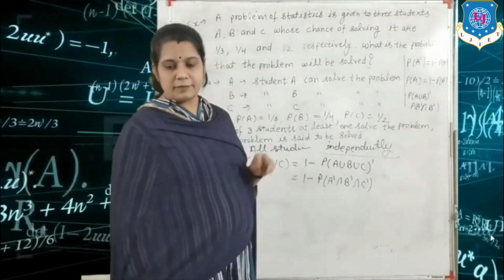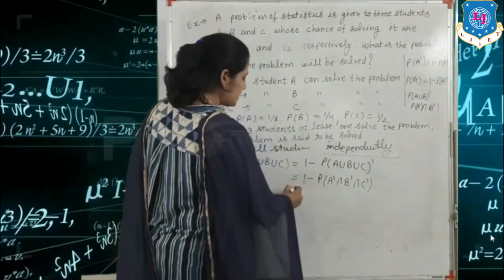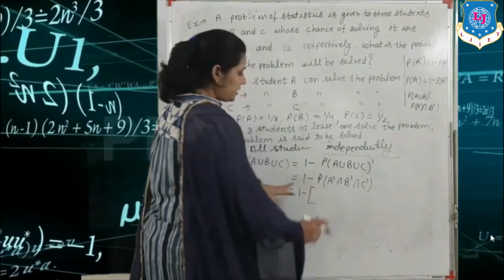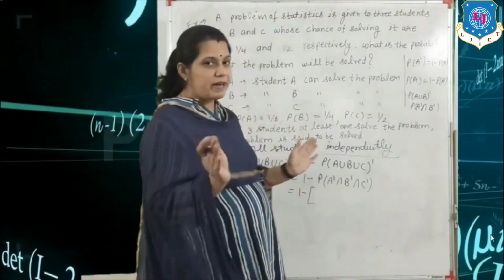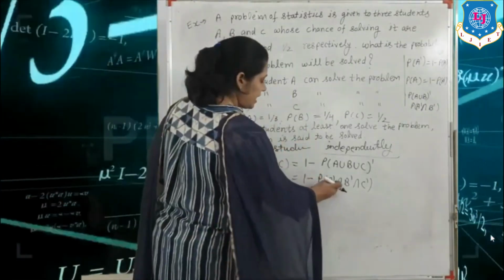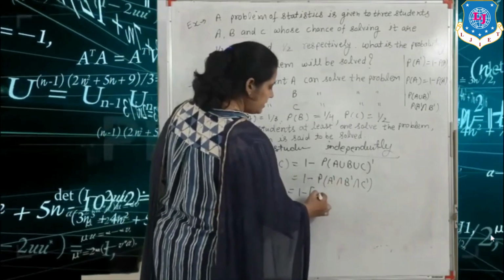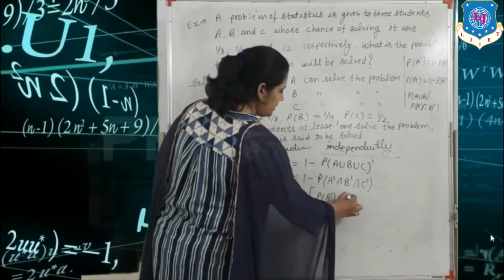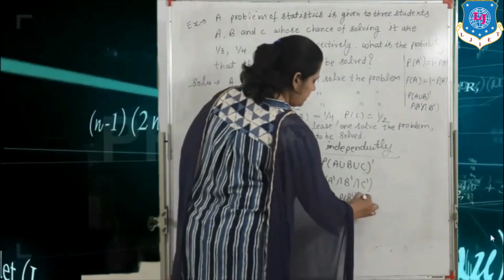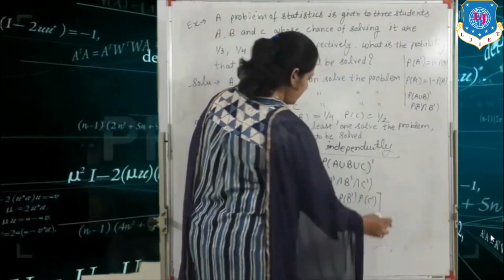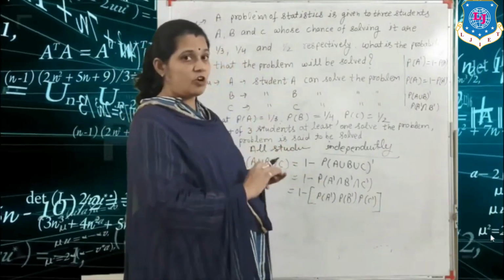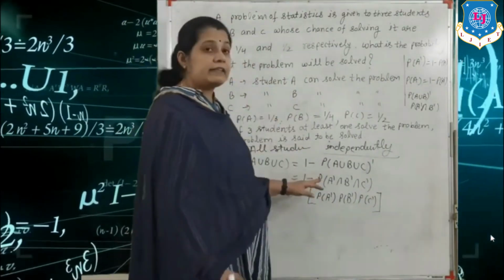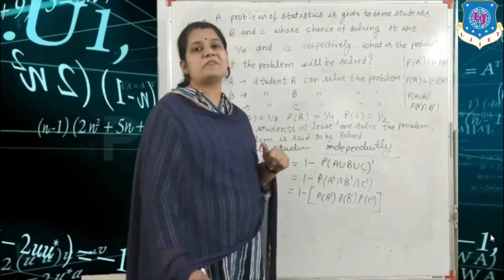Since the students solve the problem independently, we write P(A dash) into P(B dash) into P(C dash). If they solve it independently, this formula we have already seen in our previous lecture.